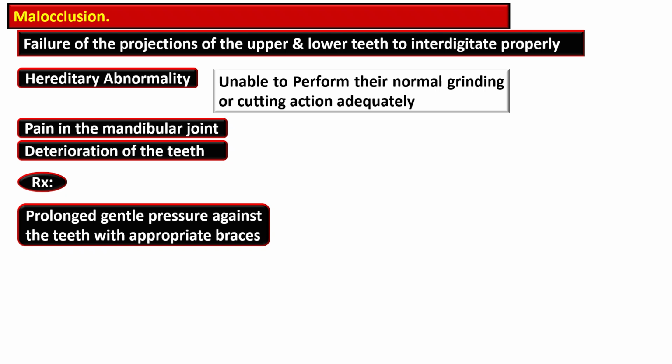The cause may be heredity, that is the most common, or another cause is displacement of the jaw, in which the lower jaw is misaligned with the upper jaw. The consequences of this are improper or inefficient chewing, and there is also pain in the mandibular joint, and there is tooth deterioration due to uneven wear and tear.